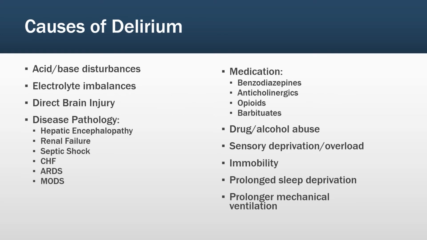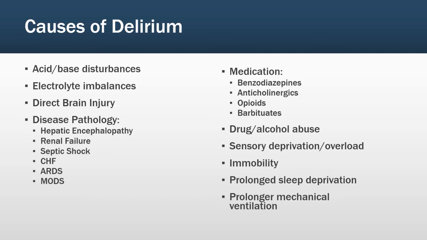Here is a list of some of the common causes of delirium that we see in the ICU. These include acid-base disturbance, electrolyte imbalances, direct brain injury, and disease pathology such as hepatic encephalopathy, renal failure, septic shock, congestive heart failure, ARDS, and multi-organ dysfunction syndrome.